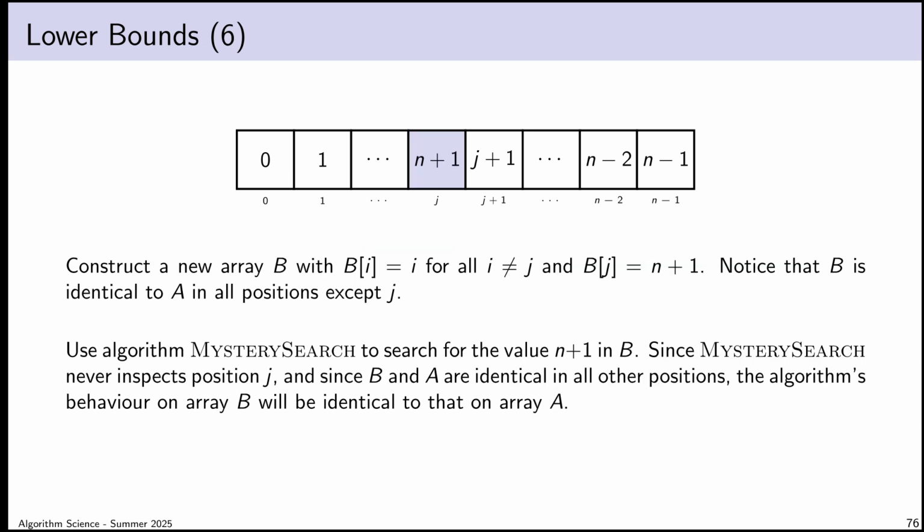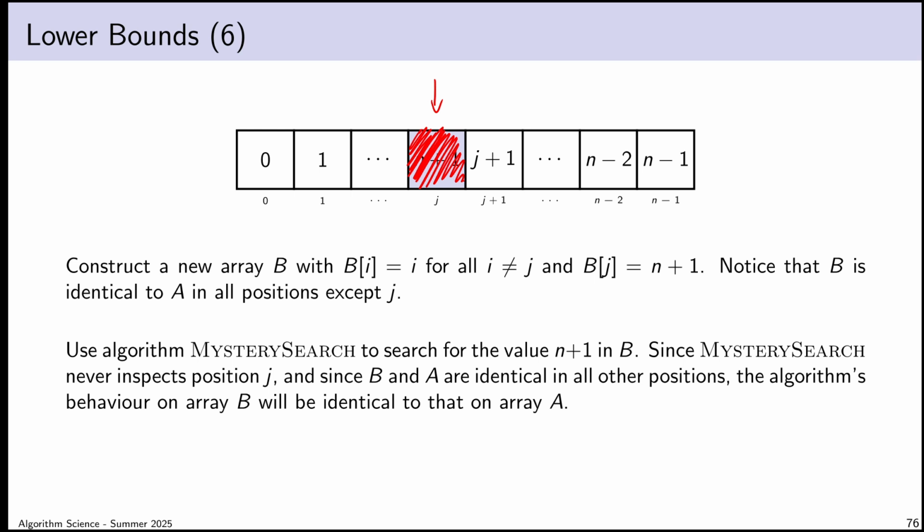I'm now going to make a new array B, and here's the gimmick with B. B contains exactly the same elements as A in every single position except for position J. And because the algorithm never looks at position J, the algorithm won't be able to tell the two arrays apart.